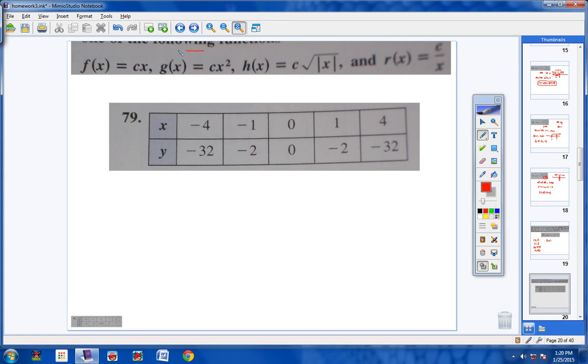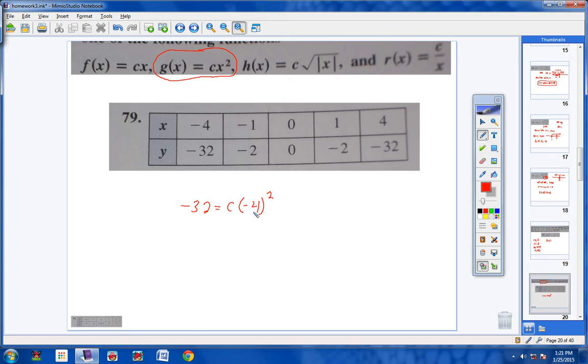Now we'll try this one here. Okay, this is going to take a little bit of time. Now let's put -4 in for x and -32 in for y. So -32 equals c times -4 squared. Okay, so I put -4 in for x and -32 over here.